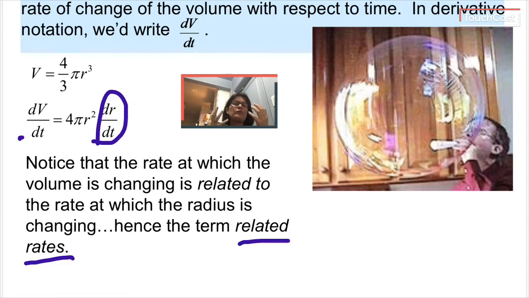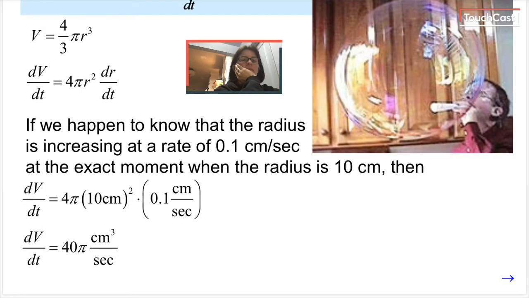Well, one really important problem that we solve with derivatives is answering questions about how rates are related to each other. Here's how this is going to look most of the time for us. If I am interested in how the volume of this soap bubble is changing, I will get some kind of information about another rate or a certain measurement.